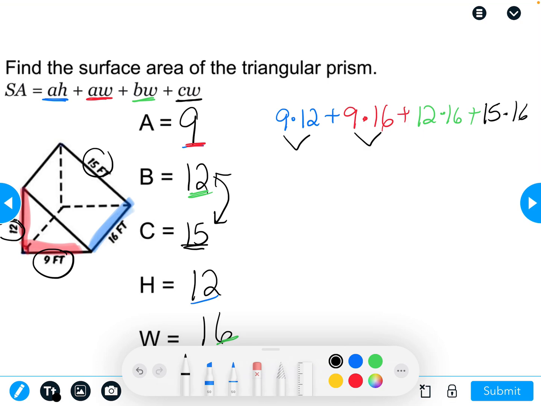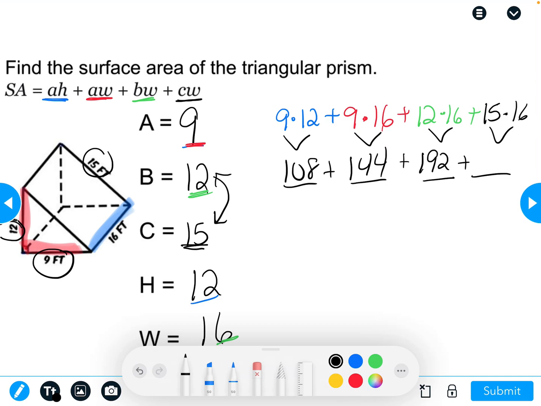So now we can just multiply these, and you are allowed to use a calculator for the geometry, so the calculations don't hold you up on what you're trying to find. So 9 times 12 gives us a product of 108. 9 times 16 gives us a product of 144. 12 times 16 is 192.